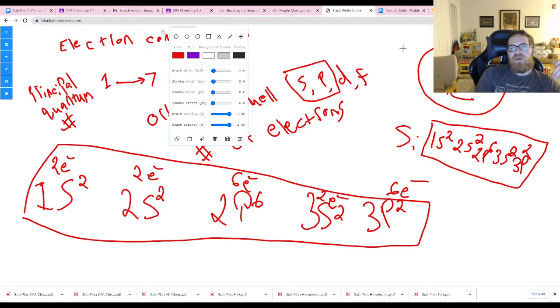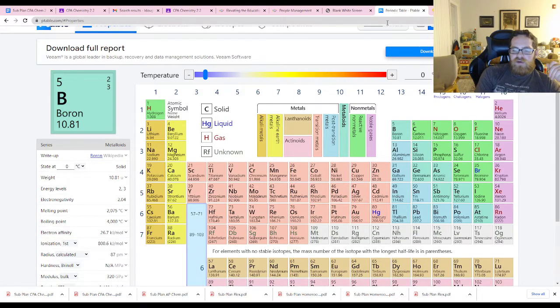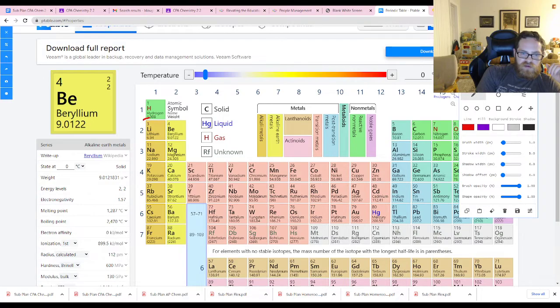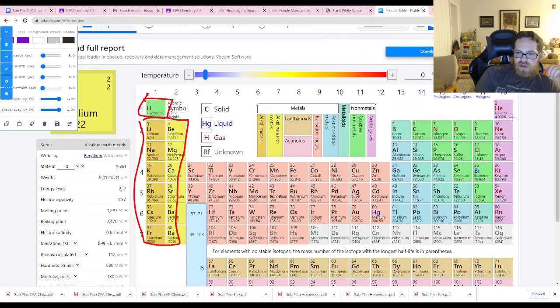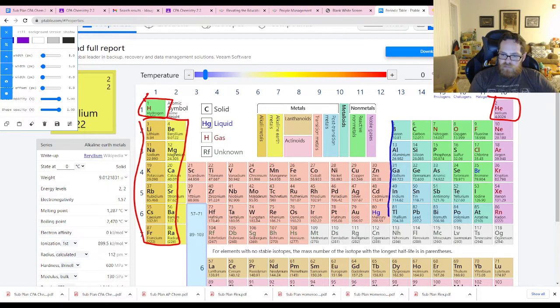Now you can actually count these out by knowing where the s orbitals are on the periodic table. Right here, this is called the s block, in addition to hydrogen and then helium. If an element is in one of these, then its last electron is going to be in an s orbital. Then we have our p block.